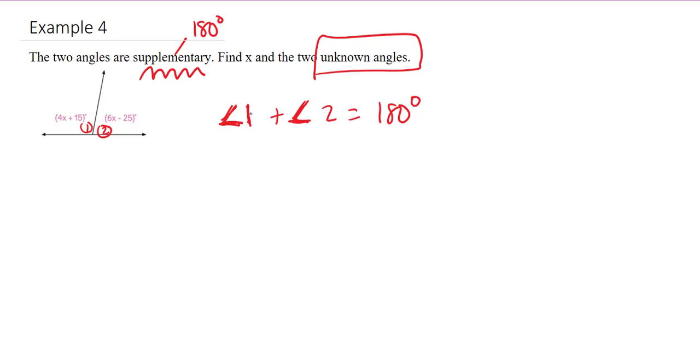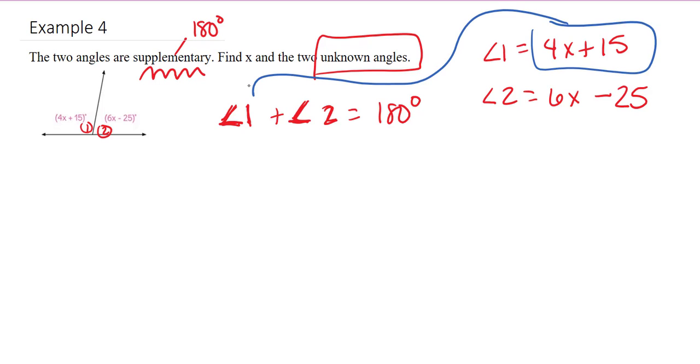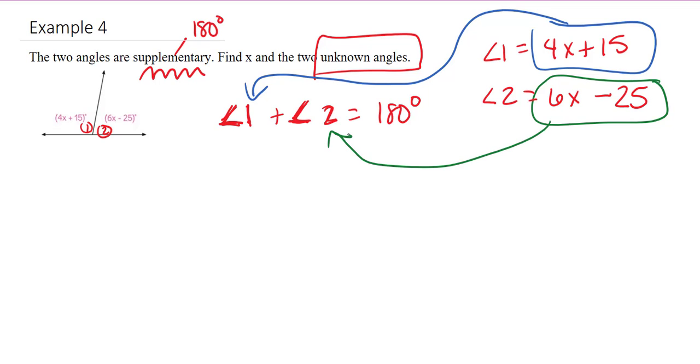If angle 1 is equal to 4x plus 15, angle 2 is equal to 6x minus 25. So let's plug in this value in here, and then plug in this value into here.